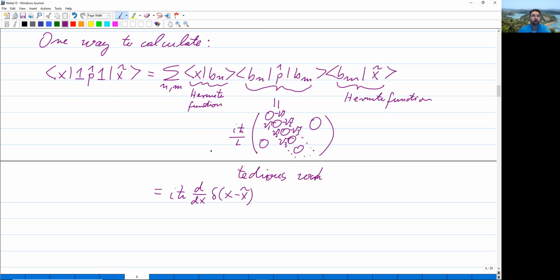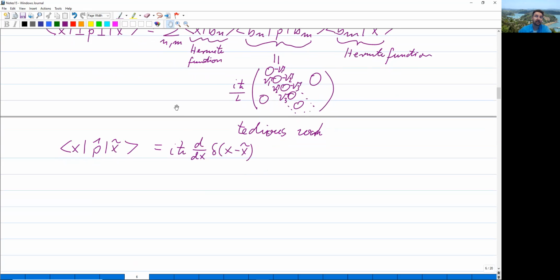It's got to be something that depends on x because of this, and also depend on x tilde because of the occurrence of x tilde over here. So what we have is that the matrix elements of the momentum operator in the position representation are given by this expression, i h bar d by dx of the Dirac delta.